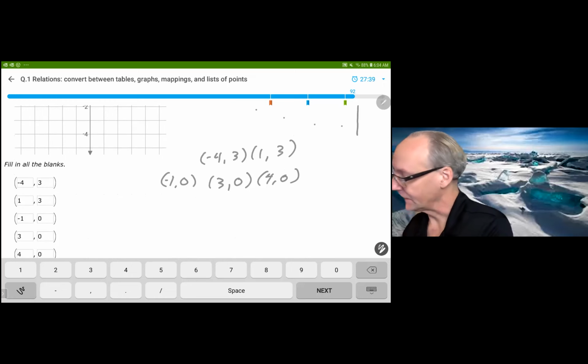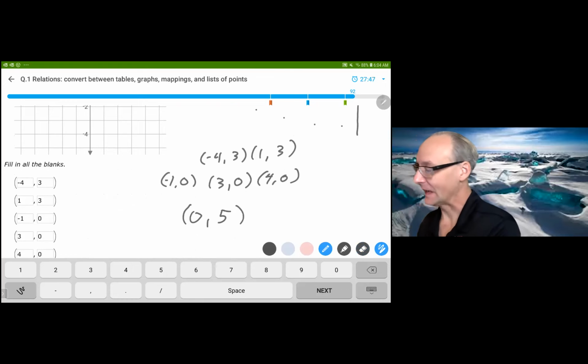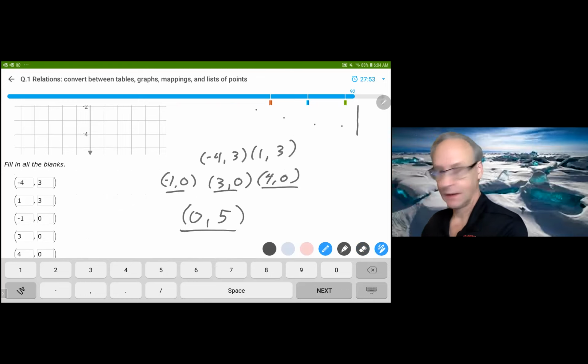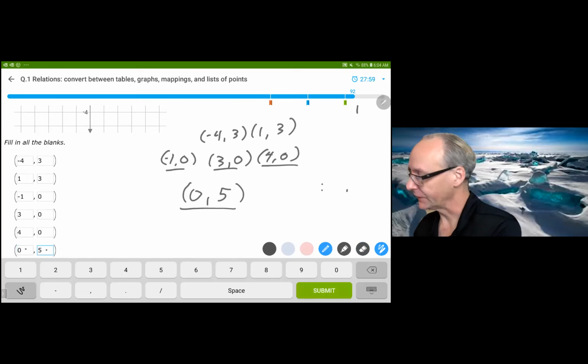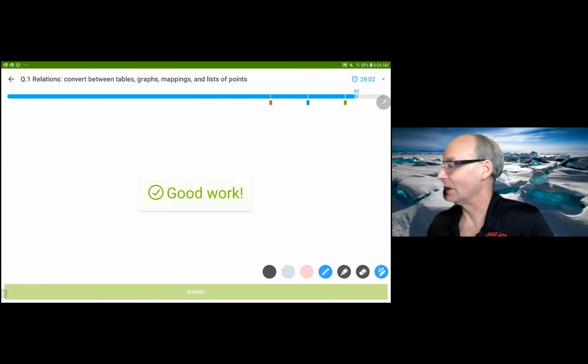And 0, 5 is also on my graph up there. I'm glad it didn't go. Would have been painful to have to start over again. 0, 5 is a y-intercept, and these are all what we call x-intercepts. And 0, 5, it is still a function, so still predictable. There we go. Now I got them all.